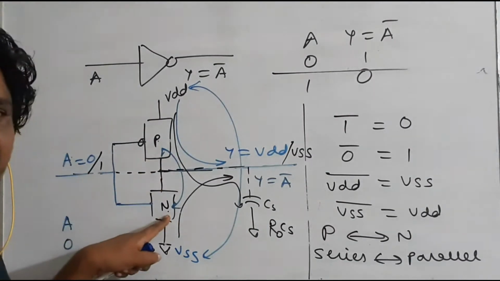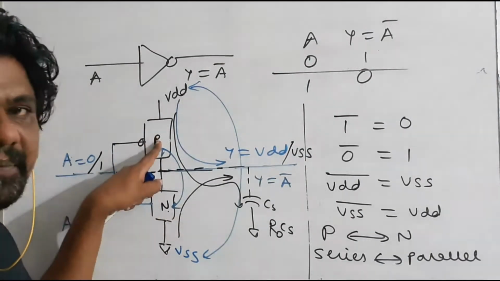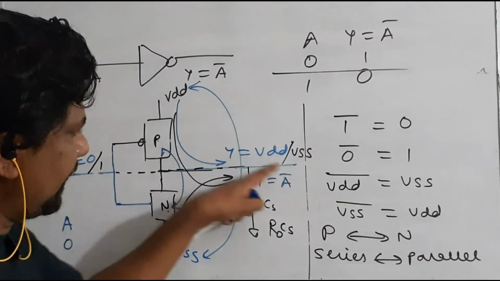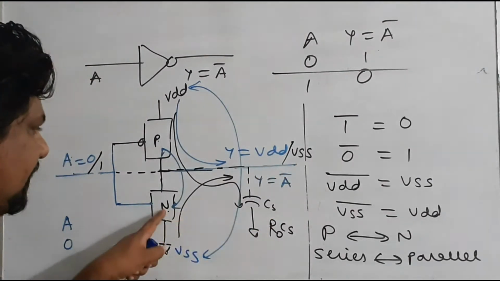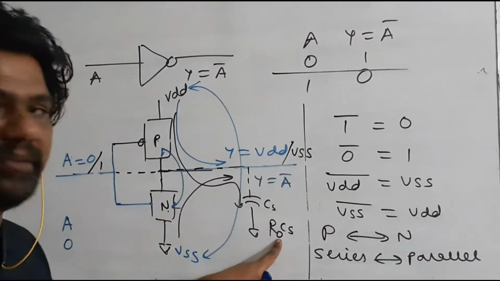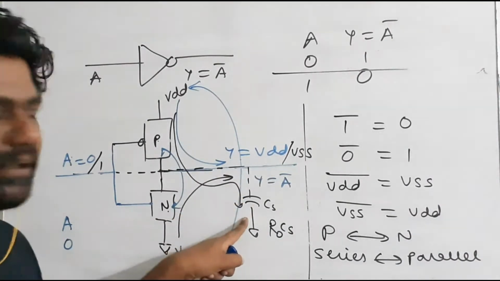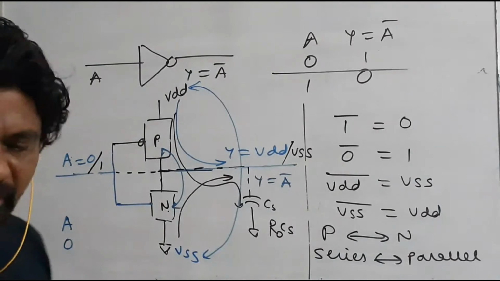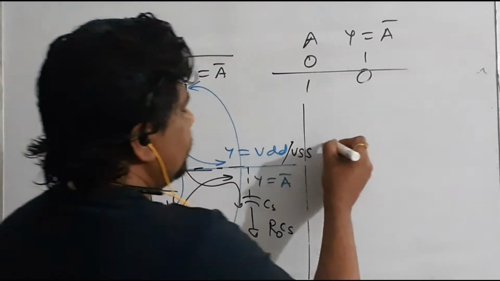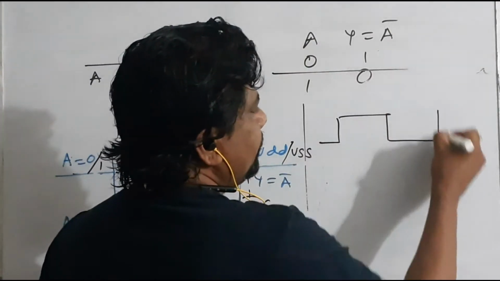Whenever NMOS will turn on, at that time PMOS is in off state. So what I will get is output ground. That means the capacitor discharges. That means the resistance of this will play an important role as far as time constant is concerned. So stray capacitors will charge or discharge. Due to that, I will get the equivalent output like this. So input is like this.